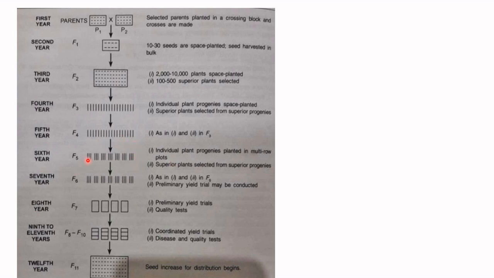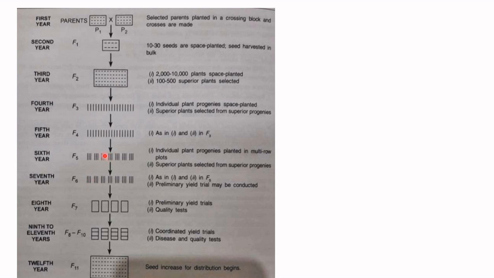And again in F5 generations, the process of selection should be in such a manner that if all the individuals in a particular plot don't show any segregation, it is going to be selected and bulked into the next generation as a plot.